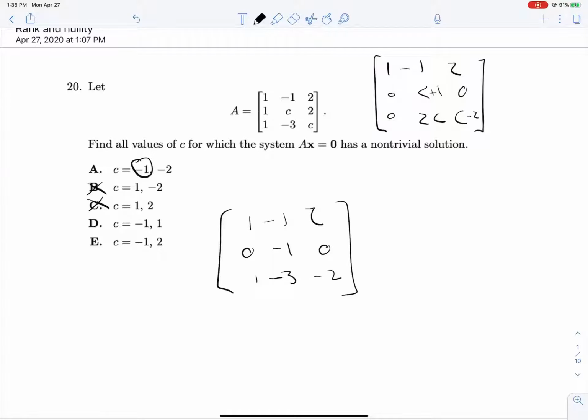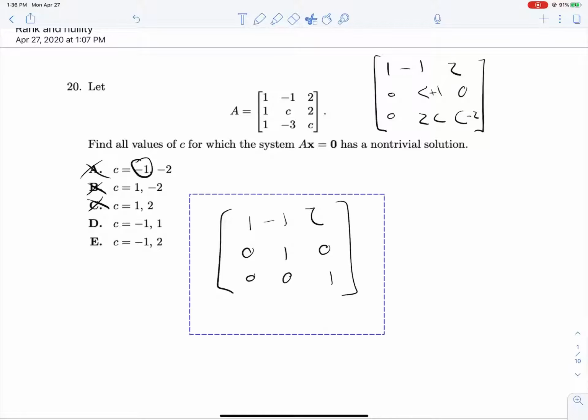Let's subtract 3 row 2's from row 3. And let's subtract row 1 from row 3. -4. We can turn that into a 1. We can turn this into a 1. Oh, there are 3 pivot positions right there. So A is definitely not correct.